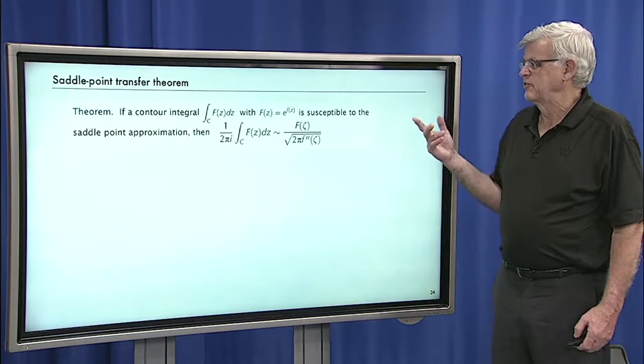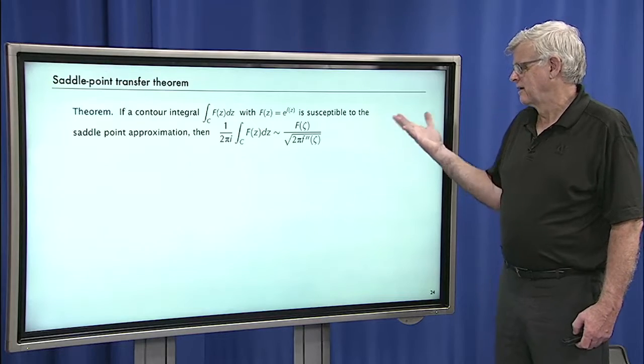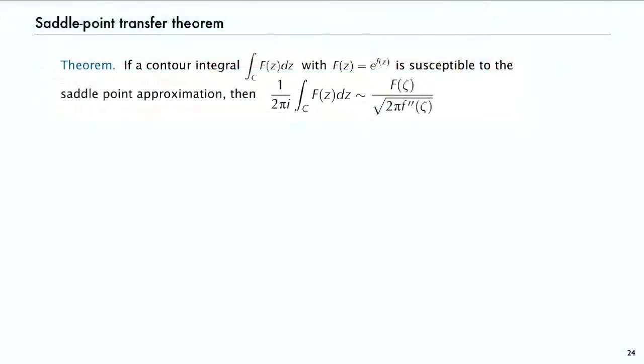So what this is going to lead to is the so-called saddle point transfer theorem. And all it says is, if you have a contour integral, and we write the integrand as e to the f of z, e to the little f of z, just to simplify the calculations a little bit. If no singularities, there's no problem with doing that.